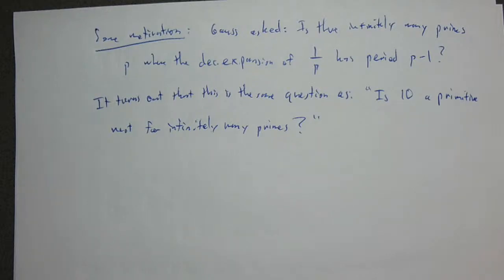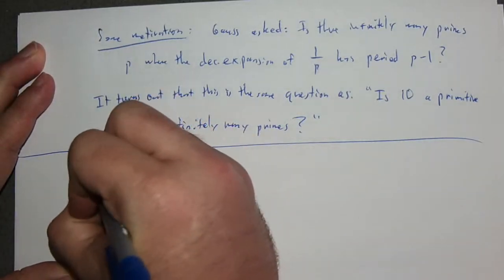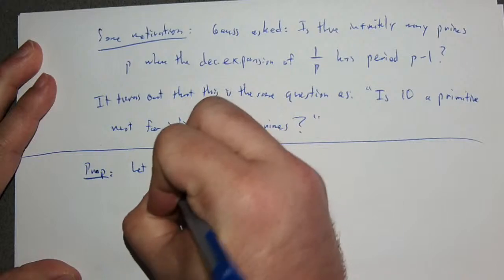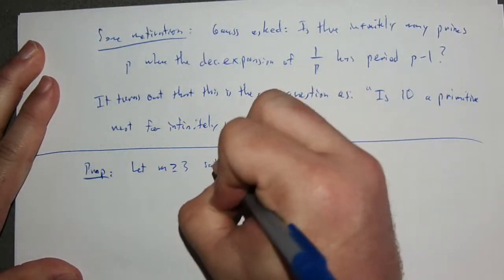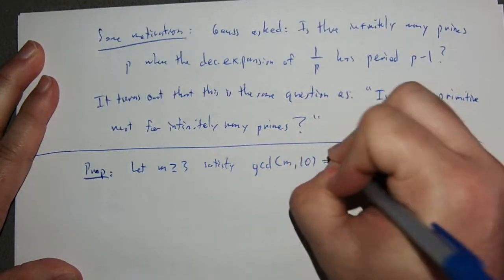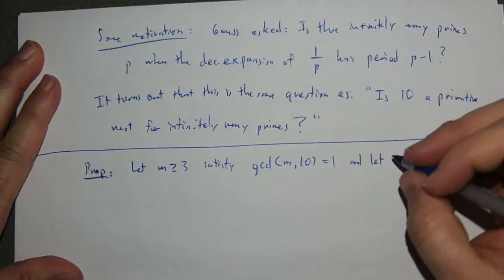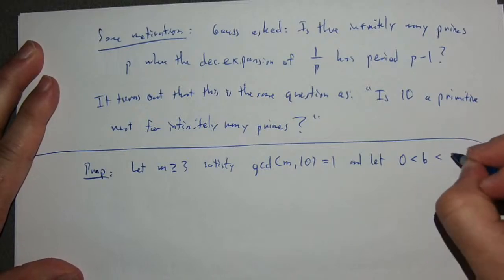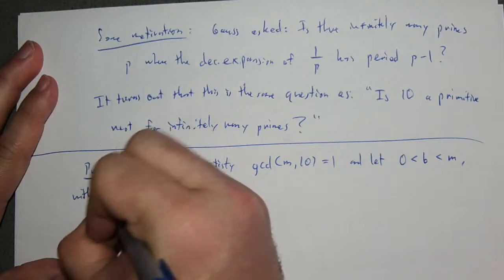Okay. So now, to see what links these sorts of things, here's a proposition. Let m be an integer bigger than or equal to 3. Let it satisfy GCD of m and 10 is 1. Okay. And let b be between 0 and m strictly with b and m relatively prime.